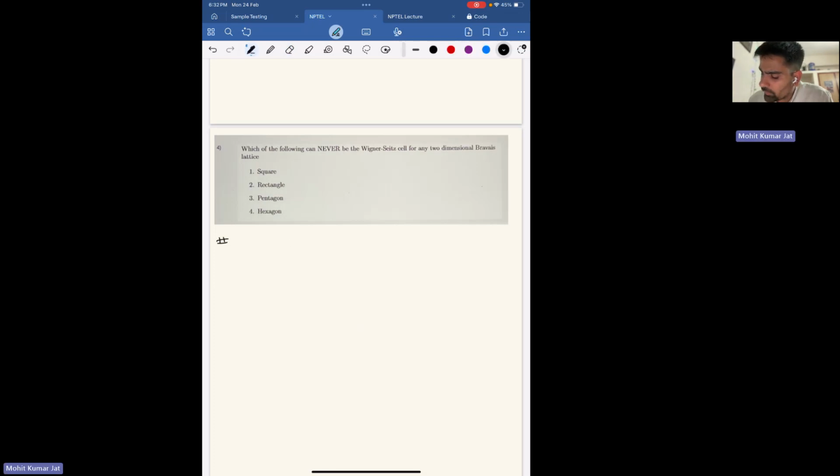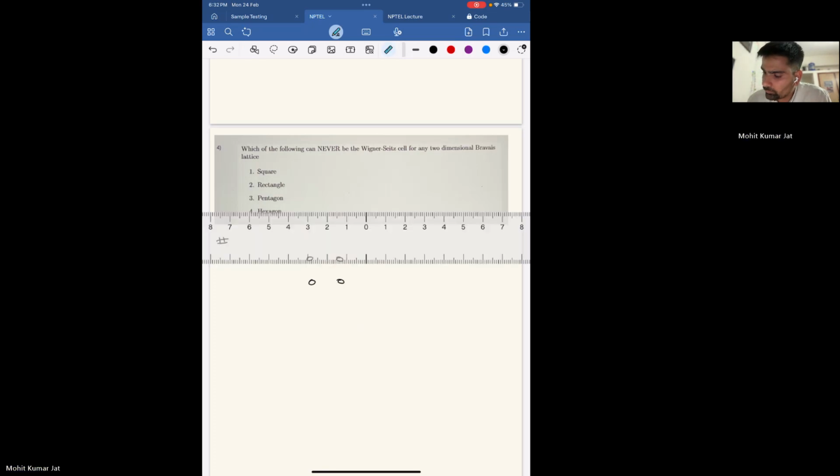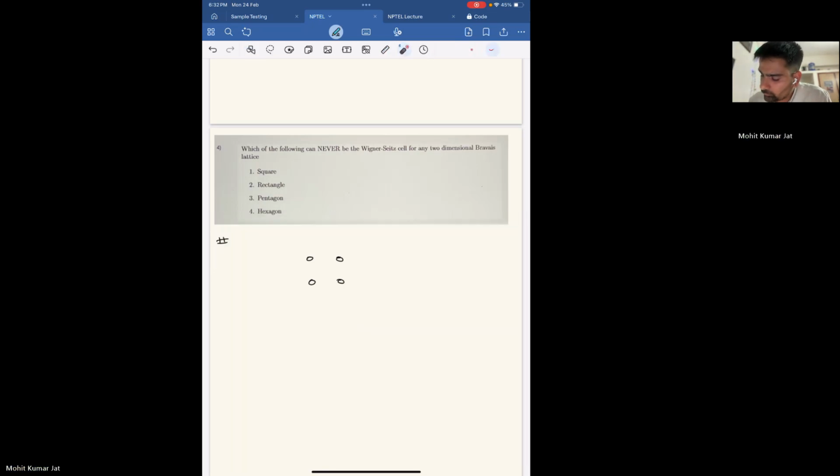The square lattice which I drew in the previous problem, this is also a.